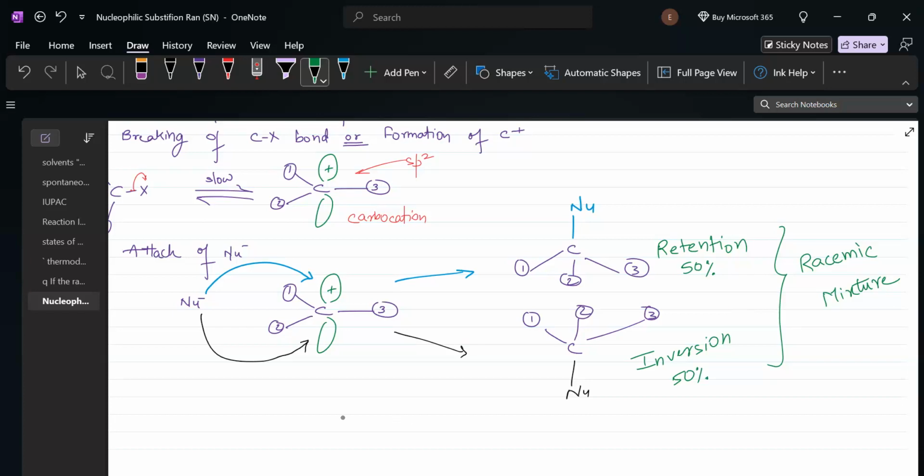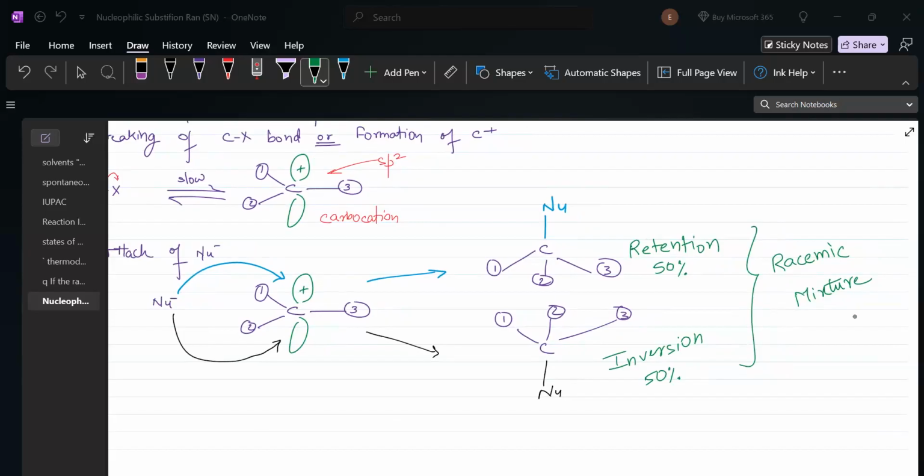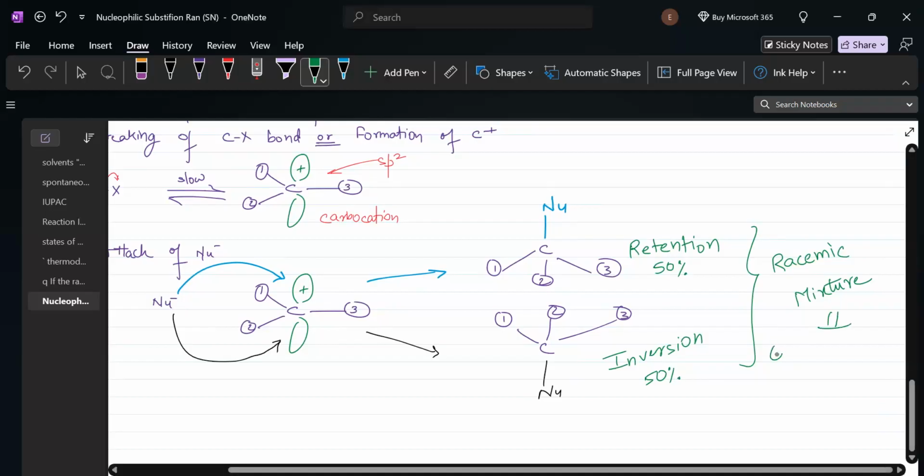So the optical activity of the whole thing will be zero, because 50% will rotate clockwise and the other 50% will rotate anti-clockwise. So this will be optically inactive. The racemic mixtures are optically inactive. Do you remember this? No? Okay, no problem.